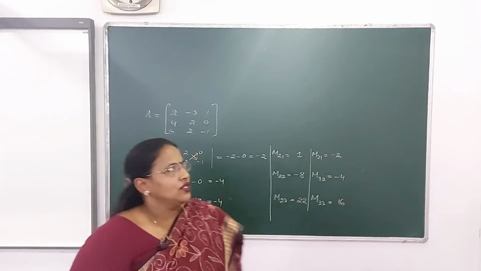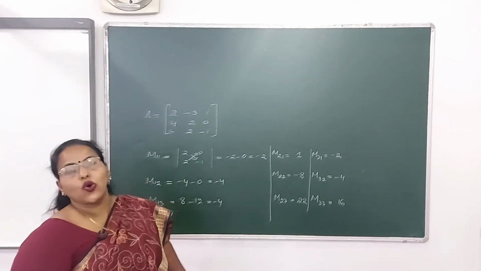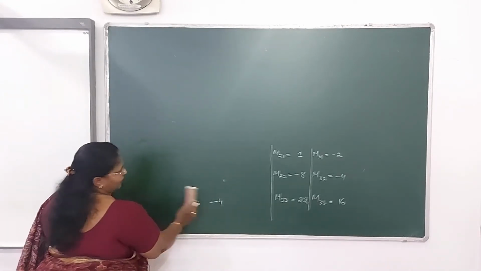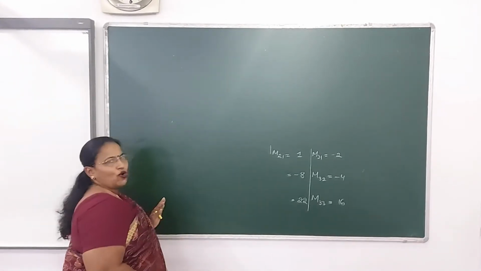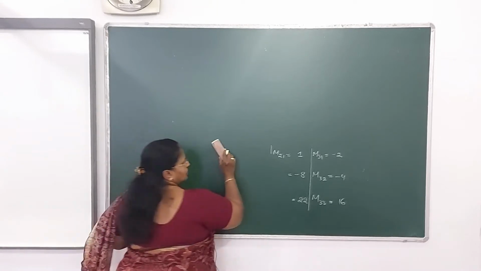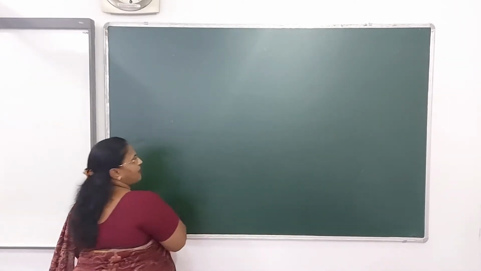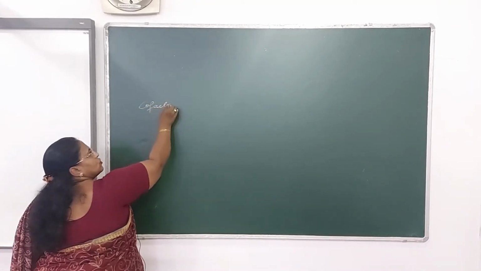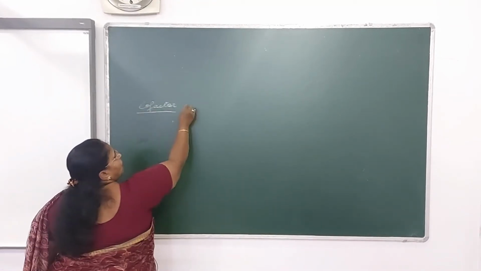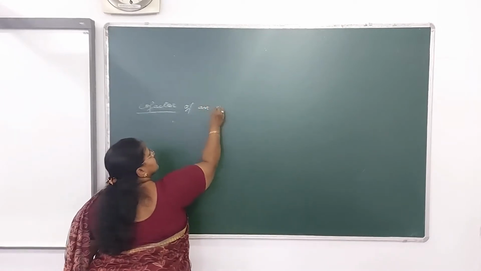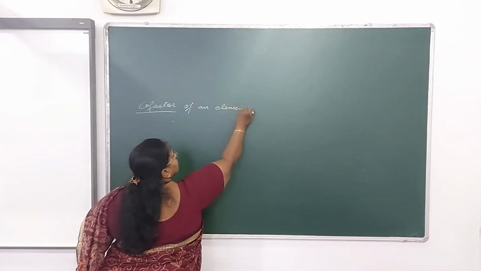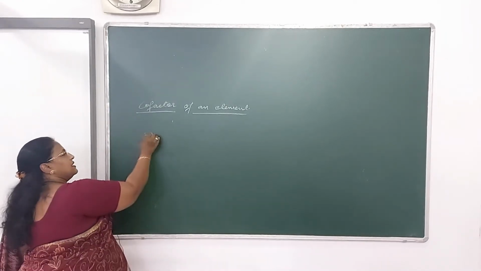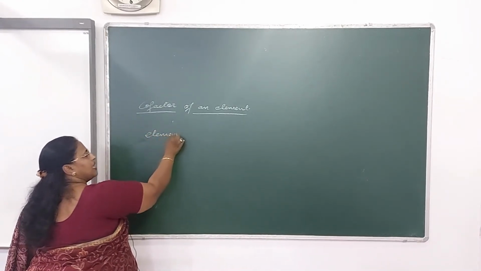Okay. So the next one is cofactor of an element. If you are able to find out the minor, then cofactor is very easy now. An element is represented by the term Aij.